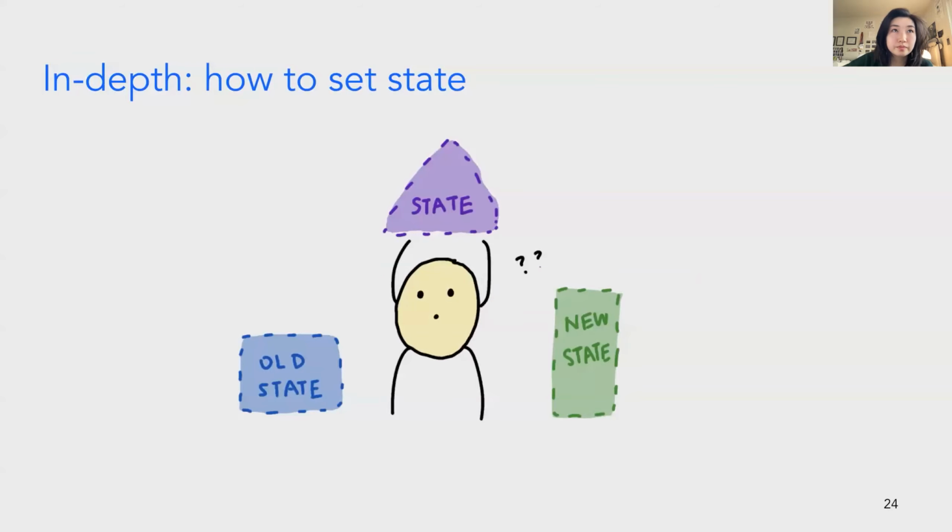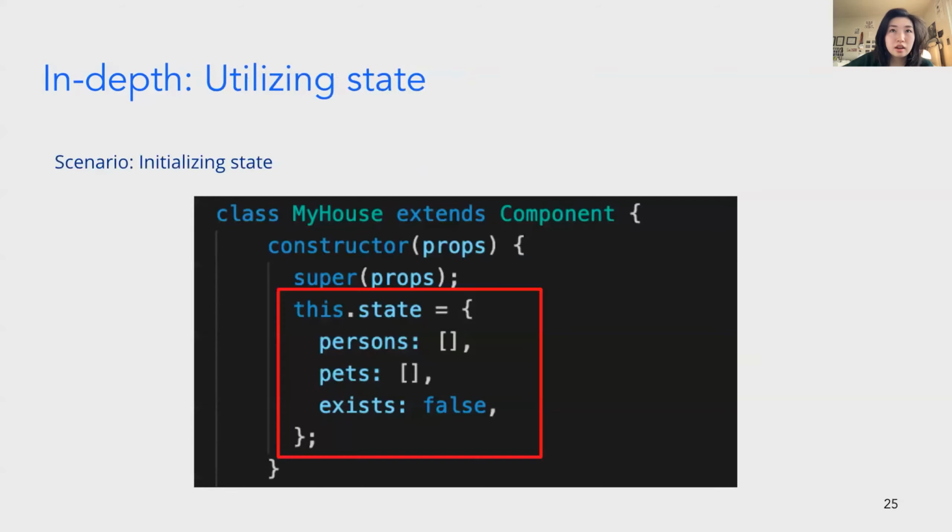So now let's go a little bit more in depth on state and how to control it. So how to set state. Nico went over this briefly yesterday in the workshop, but we'll just review it again. Basically in the constructor, we want to initialize state with the attributes that we want. So this has 2 lists and 1 Boolean value.